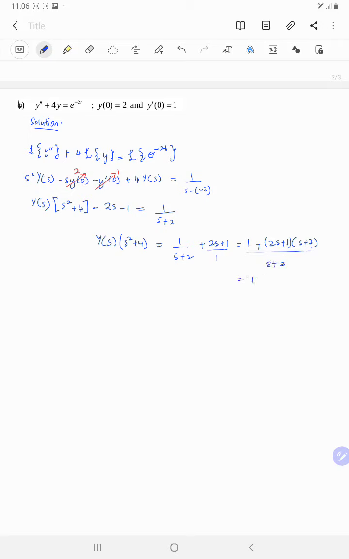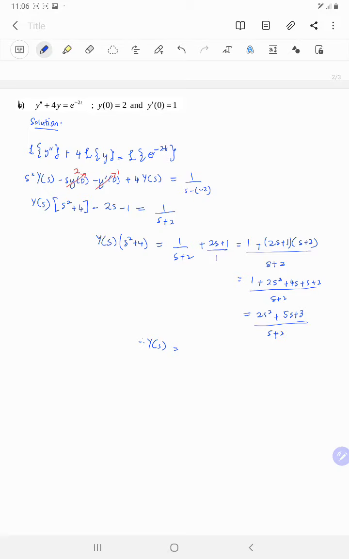This becomes 1 plus, expand this to s squared plus 4s plus s plus 2, which is 2s squared plus 5s plus 3. Okay, so that means you get Y(s).